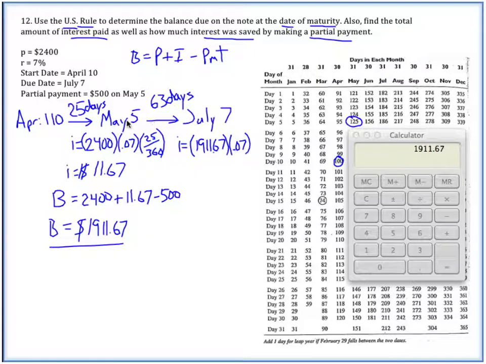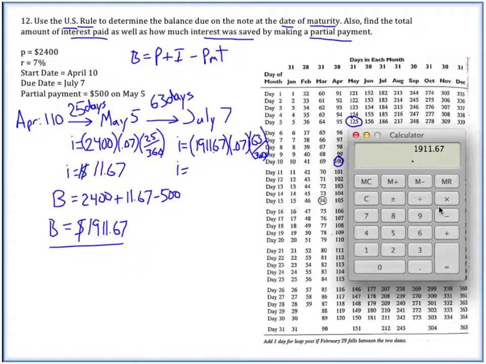But our time was the time from May 5th to July 7th, so that's 63 days. So times 63 over 360. And so if we use our calculator here, we have 1911.67 times 0.07 times 63 divided by 360, and we get $23, and we'll round to 42 cents.